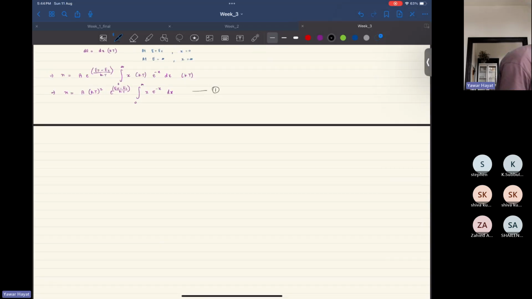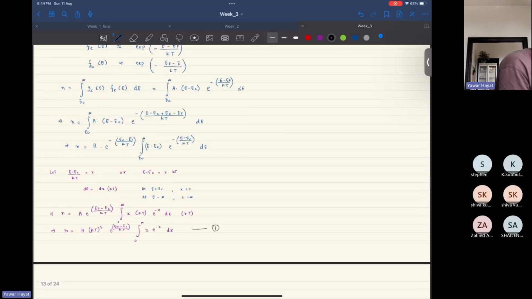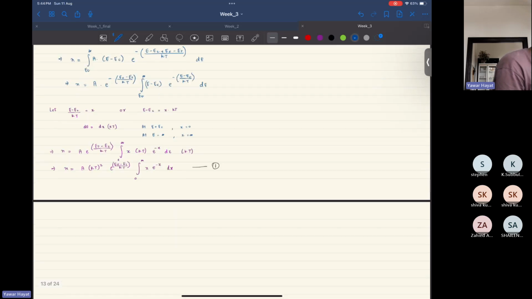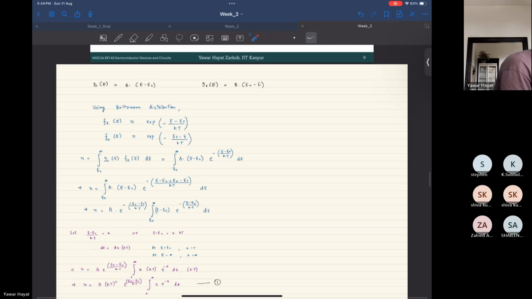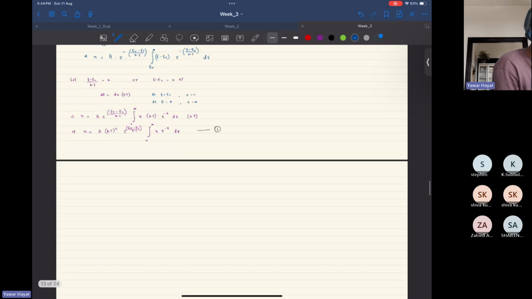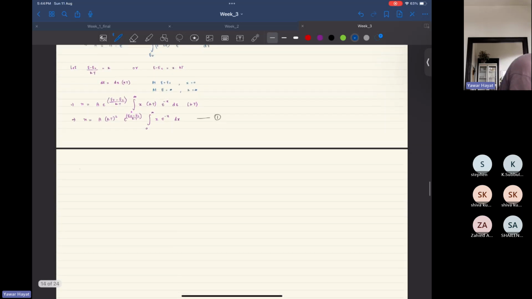Similarly, you can start for holes, right? You will start for holes with this, like we started for electrons, and end up at the corresponding equation for holes. I'll be leaving this as homework for you. You will work it out.